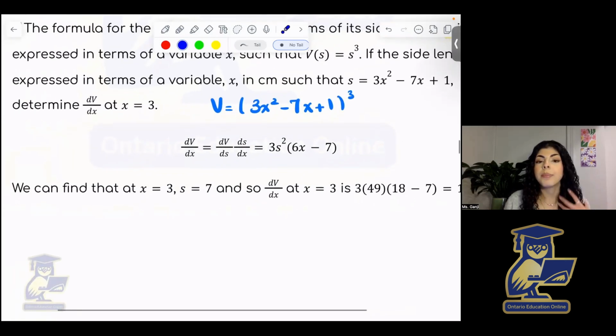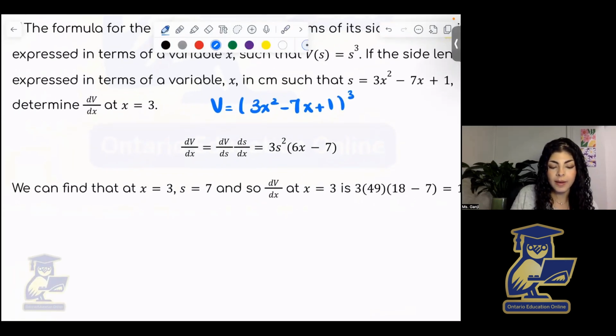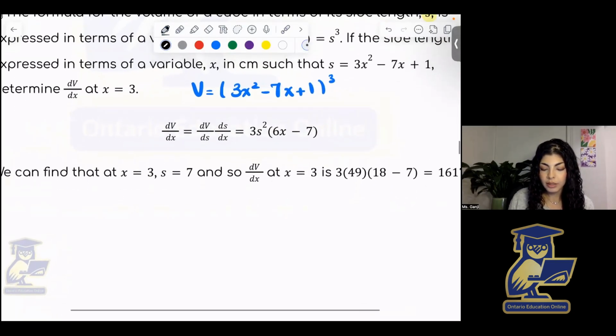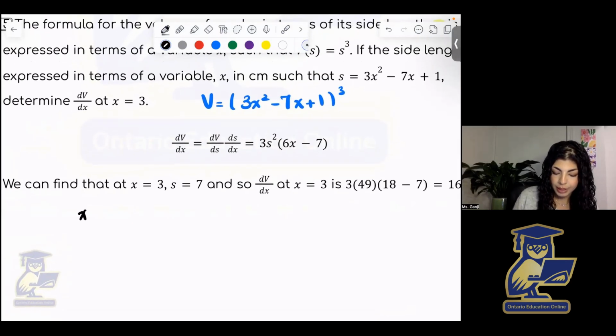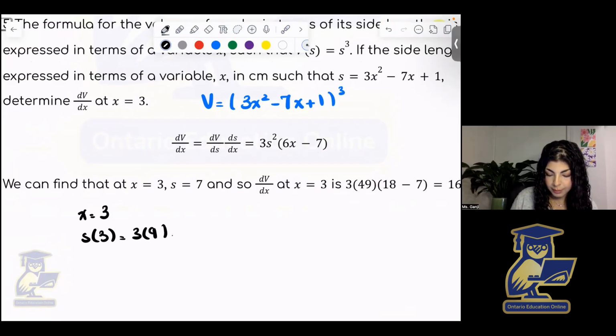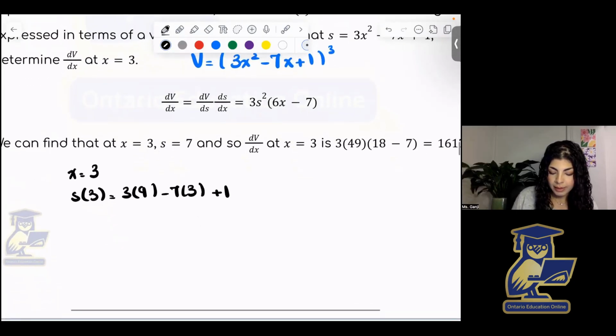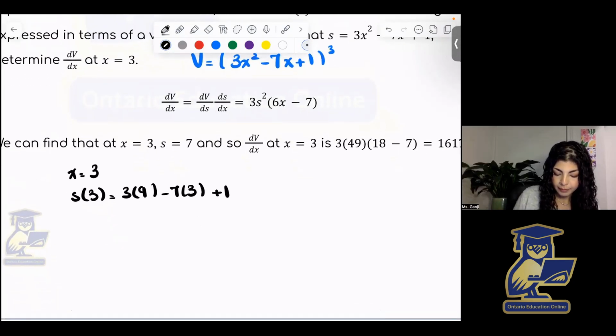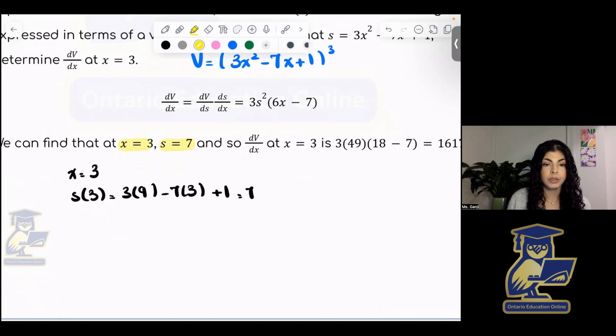And now, because we are asked to find the value at x equal to 3, I know x is 3, and then S of 3 will be 7. So now that's where I have x equal to 3 and S equal to 7.